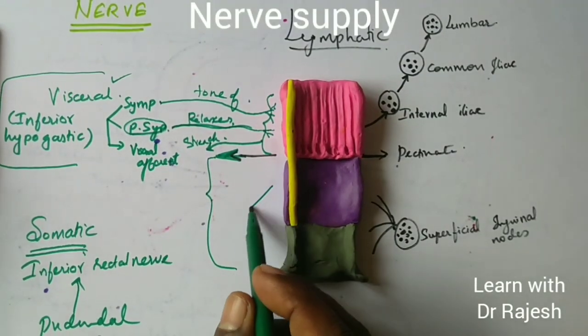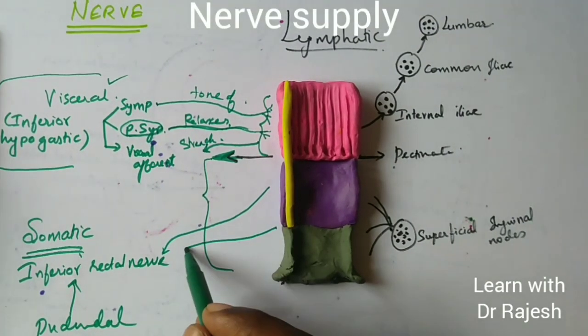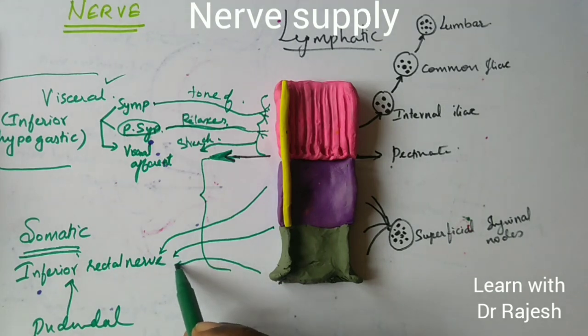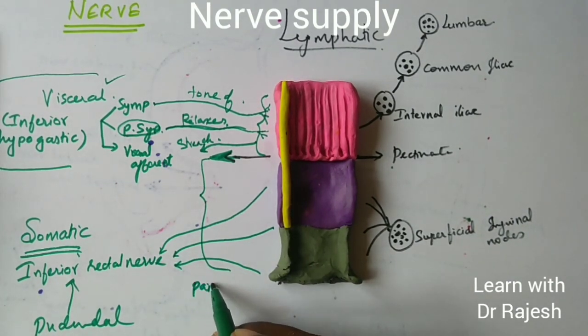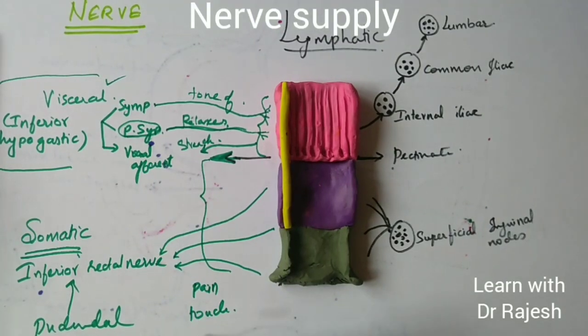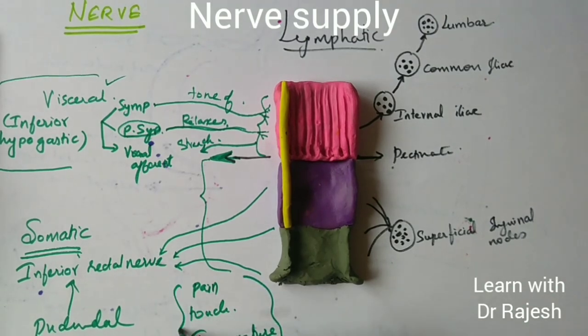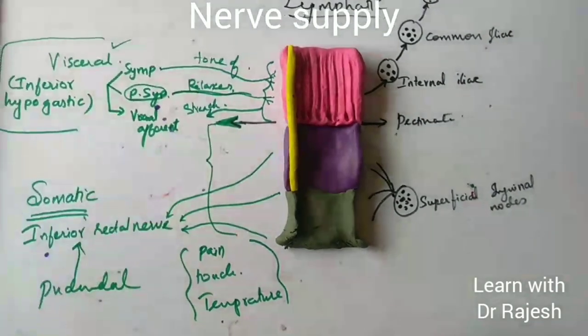Since it is supplied by somatic nerves, the region below the pectinate line is sensitive to pain, touch, and temperature.